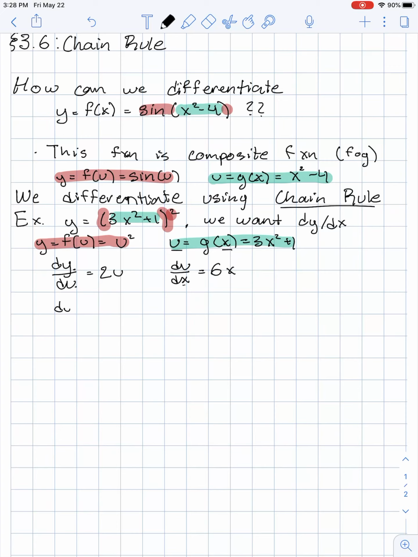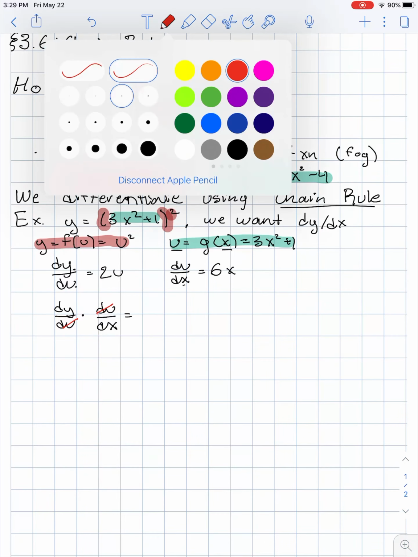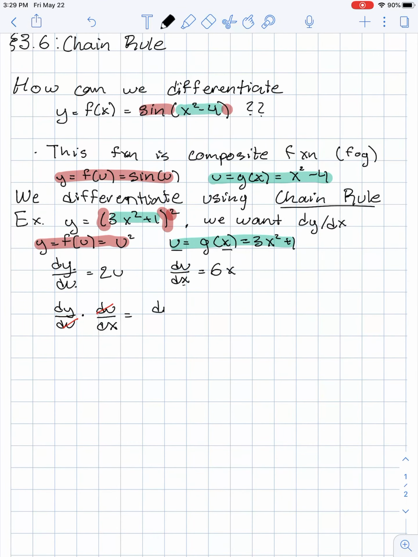Well, if I multiply these two things together, dy/du times du/dx, the du over du cancels out, and I'm just left with dy/dx, which is what I wanted.